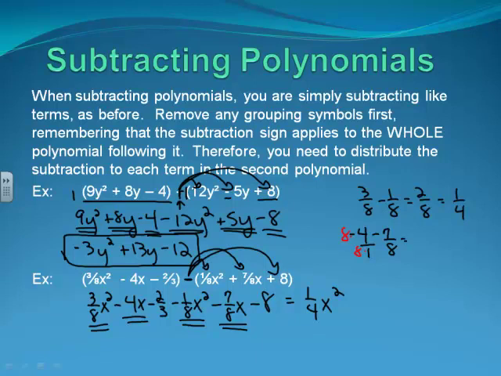That gives us a negative 32/8 minus 7/8, because we now have a common denominator. Negative 32 minus 7 is negative 39/8. So down here, we've got minus 39/8, and the like term there was just an x to the first.